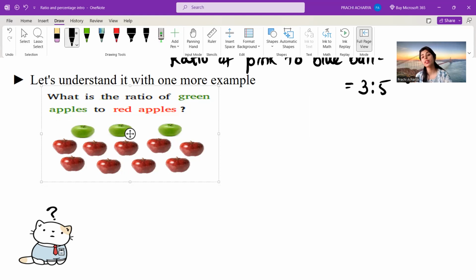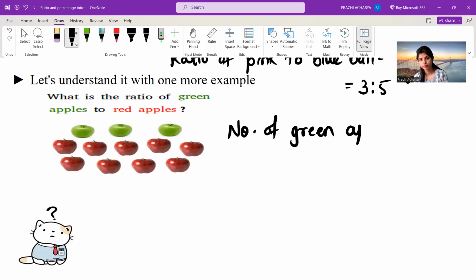See what has been asked. Let's first write the number of apples in order to find the ratio properly. Number of green apples: how much? Yes, exactly 3. Now count the number of red apples, children.